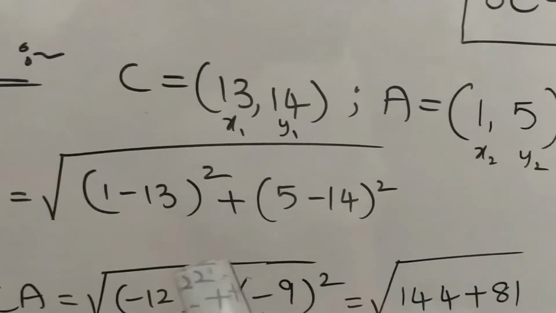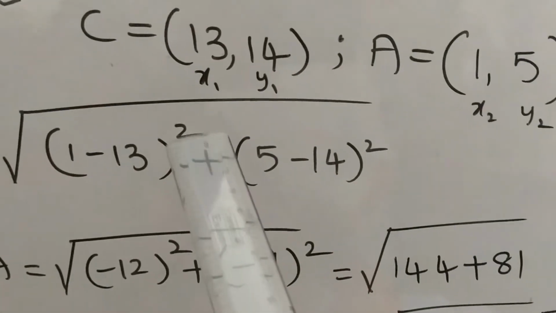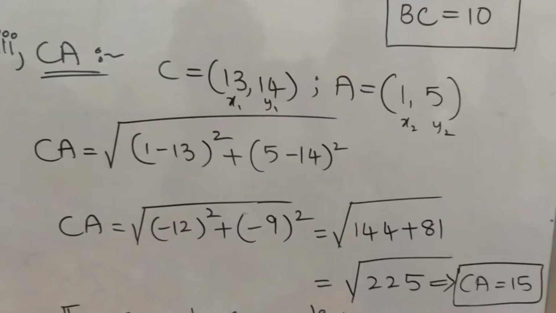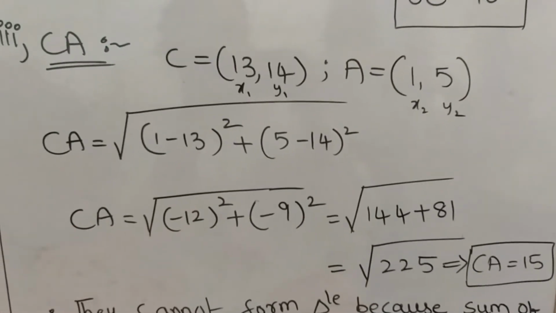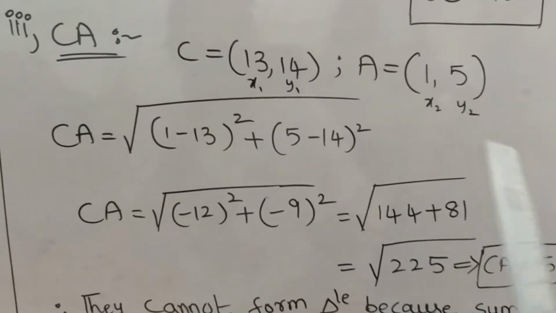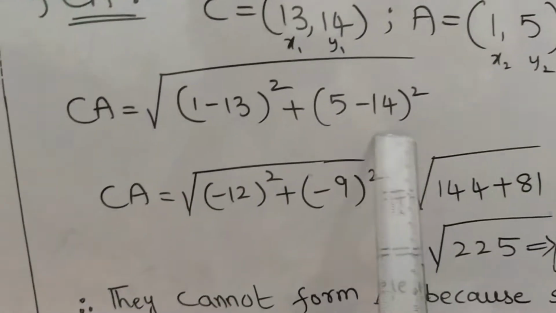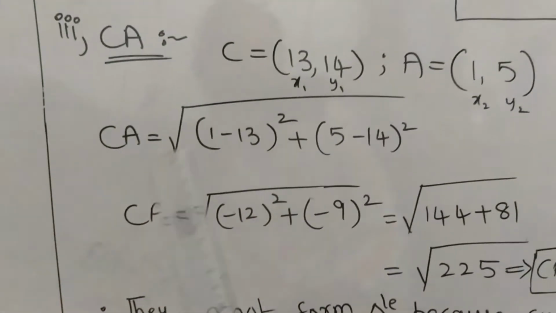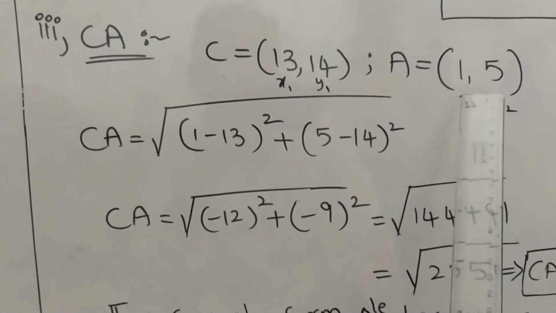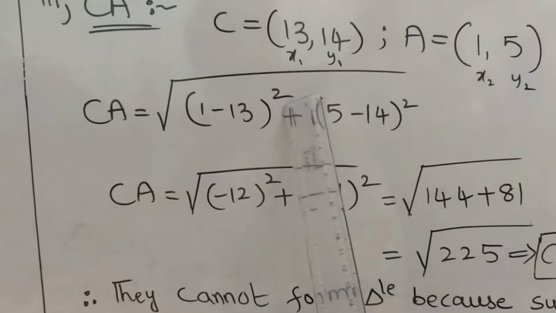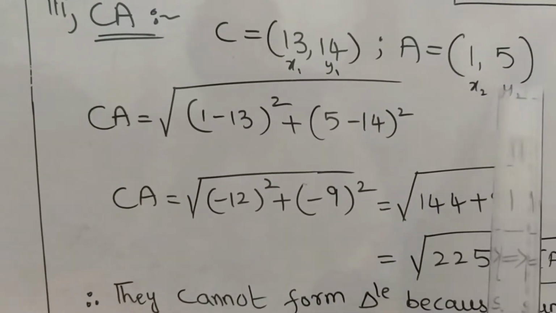Take the points C and A, students. C is (13, 14) and A is (1, 5). Take them as x1, y1 and x2, y2. Take the same formula again, under root of (x2 minus x1) whole square plus (y2 minus y1) whole square. So under root of x2 minus x1, nothing but 1 minus 13, so I am writing 1 minus 13 whole square plus y2 is 5.